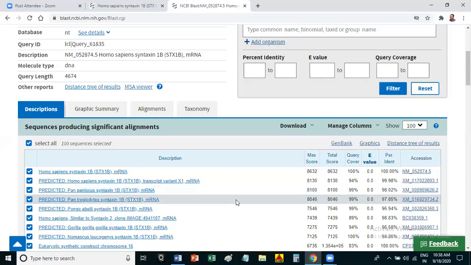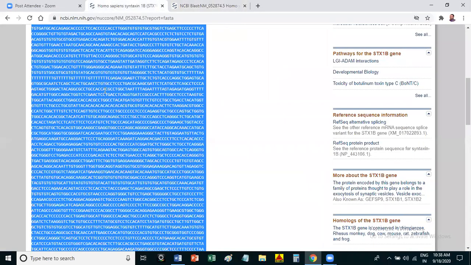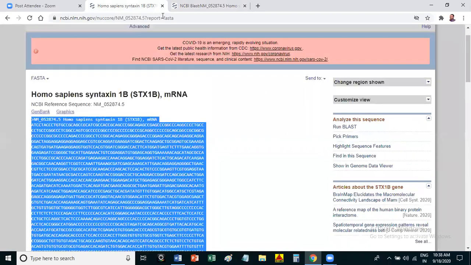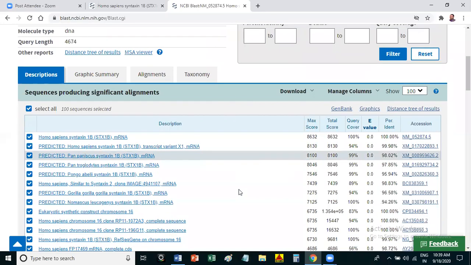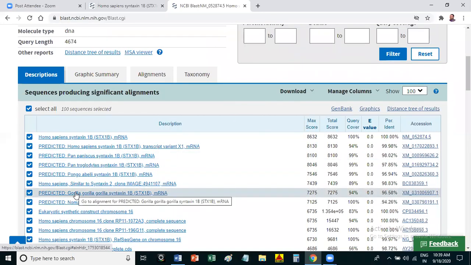I told you yesterday that in the database there are different types of sequences. These sequences may be from any organism. I have taken a sequence from human, and they are showing similarity with gorilla.